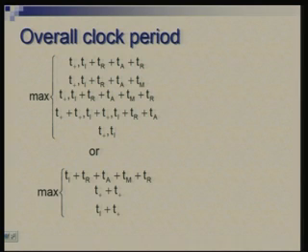So, this was the final expression we had. The one at the bottom is in a simplified form, and it would be noticed that the largest of these subexpressions will actually decide the clock period.